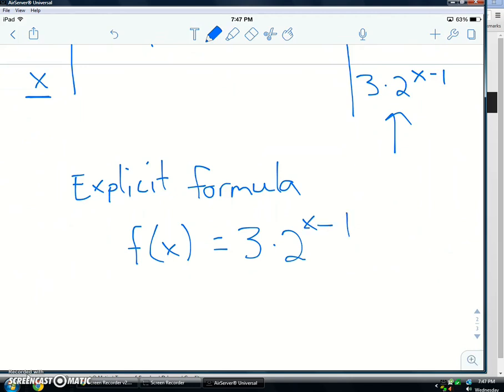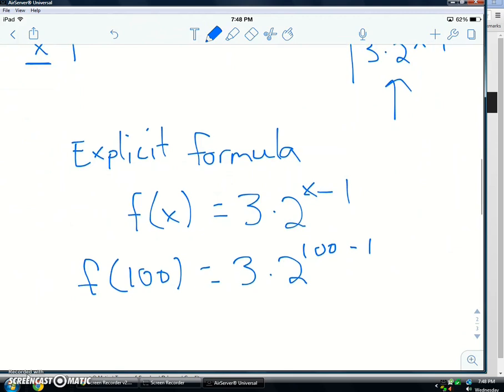And that'll give us any term in our sequence that we want; we just plug x in for that. So if you wanted, say, the 100th term, you would just plug in 100 to that formula. So you do 3 times 2 to the 100 minus 1 power. Don't try that in your calculator, it might blow up. No, that's probably just going to give you a memory overload error.